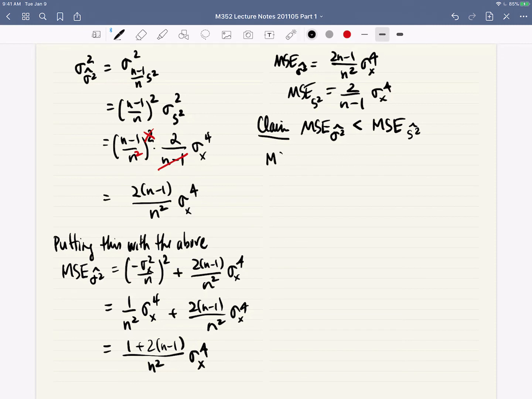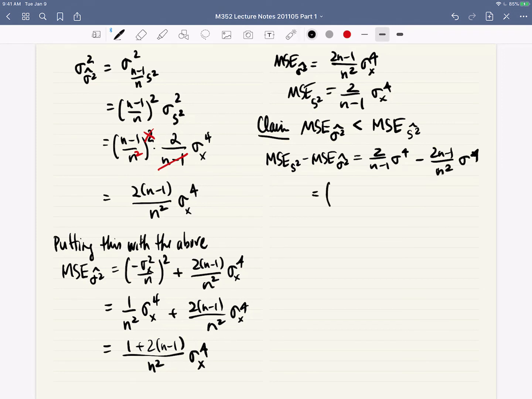Let's look at the mean squared error of the sample variance minus the mean squared error of our alternative estimator. That's 2 over n minus 1 times the variance squared minus 2n minus 1 over n squared times the variance squared.